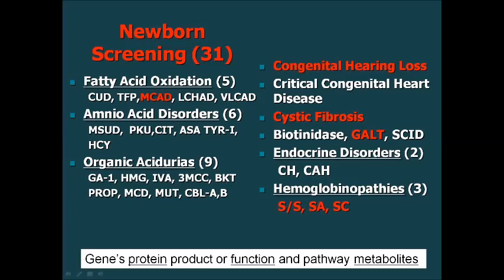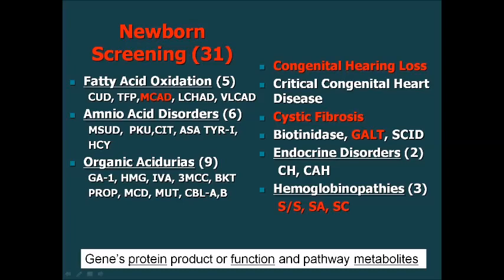Importantly, though, newborn screening is looking at a gene's protein product or function and how those functions impact a specific pathway. Therefore, metabolites are often the analyte screened for. One of the distinctions here is that in expanded carrier screening, we are looking at the nucleotide sequence that impacts the protein, that protein product or function, and pathway metabolites.